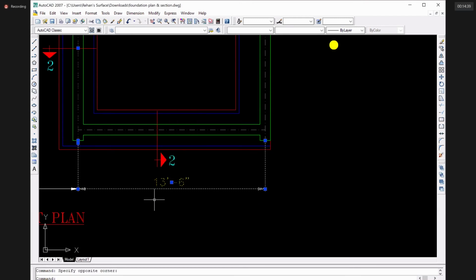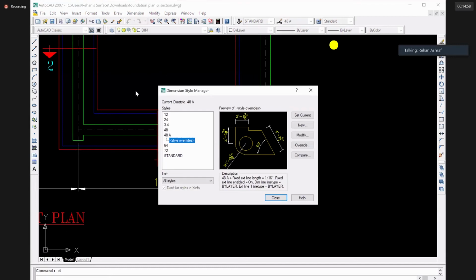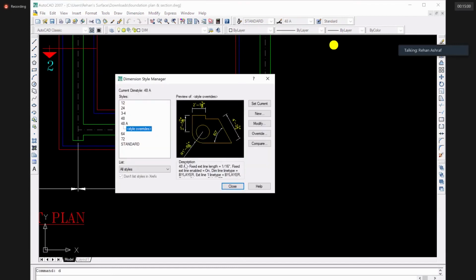I'm saying that if you mark the dimension line and the units of dimensions are different, you have to set the units of the dimension. For that, you have to press D. It would open this window, which is Dimension Style Manager. And you have to go into Modify.